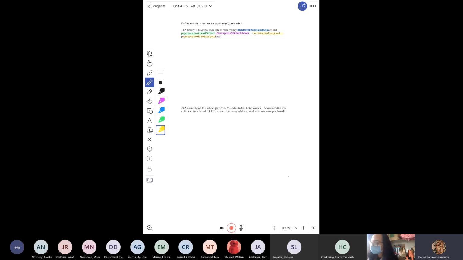So we need to write a system of equations. Let's define our variables first. I'm going to say let H equal the number of hardcover books bought. And be specific. Don't just write hardcover. Let's be a little bit more explicit.